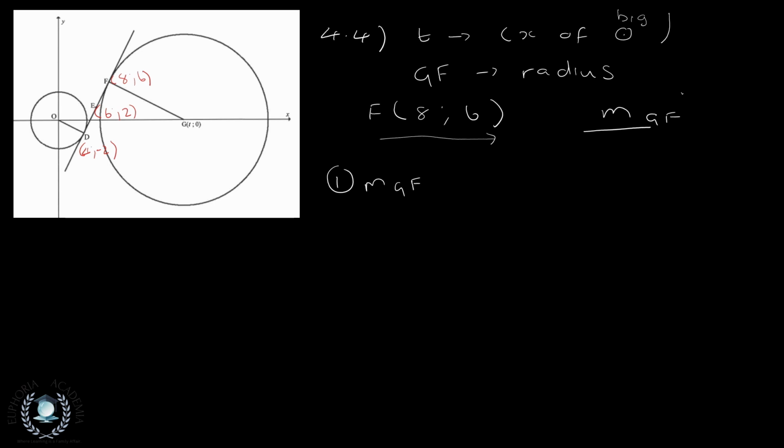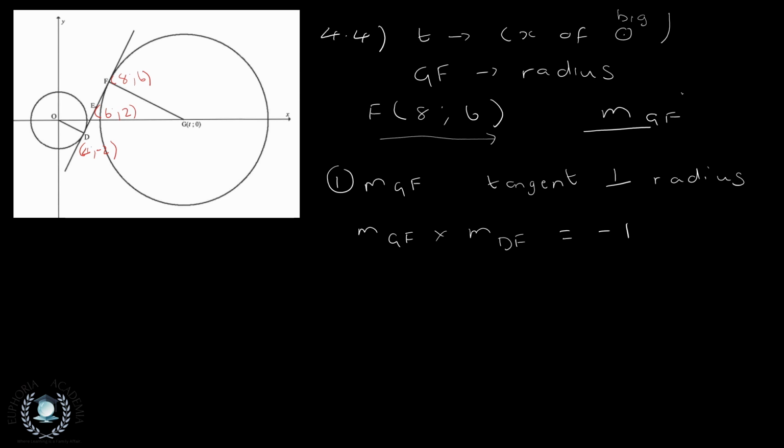We know that the tangent is perpendicular to the radius. So that would mean the gradient of the radius m_GF multiplied by the gradient of DF is going to give us minus 1. That's what it means.